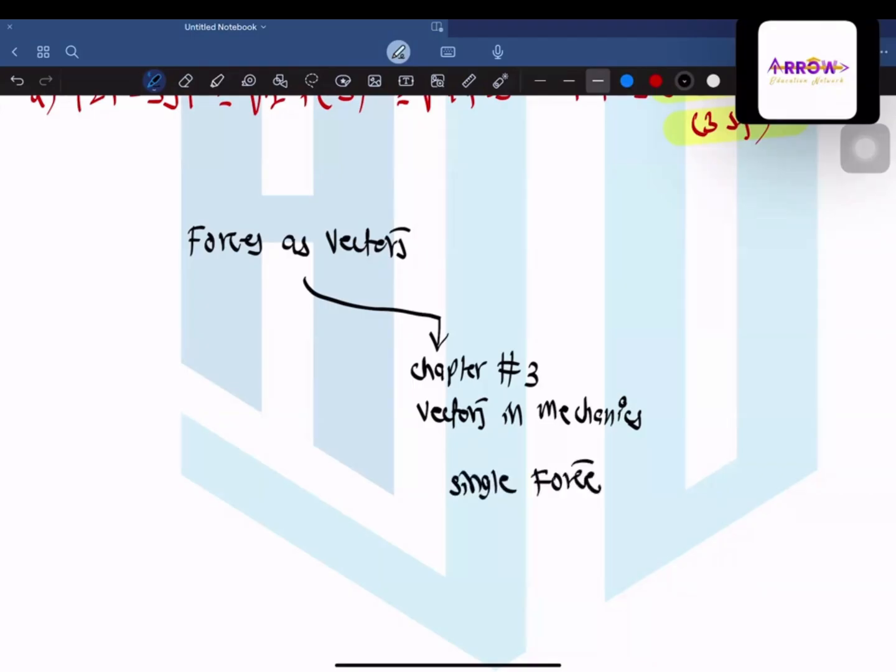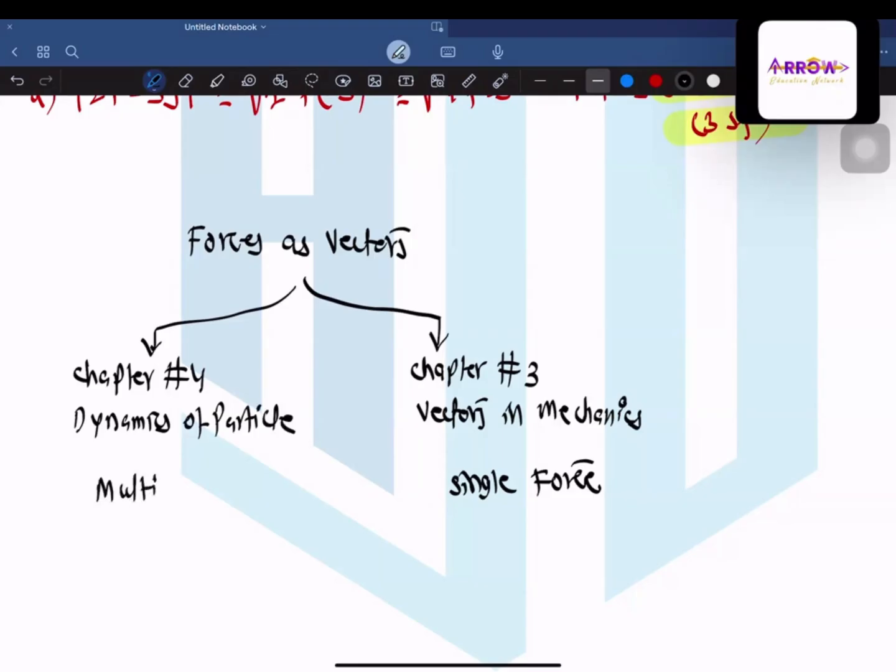As far as chapter number 4 is concerned, which is dynamics of particles, there you will deal with those questions which involve multiple forces, meaning F1, F2, F3, F4, and so on. When you deal with multiple forces, there you use the concept of the resultant force. So the resultant force concept is introduced to you in chapter number 4.